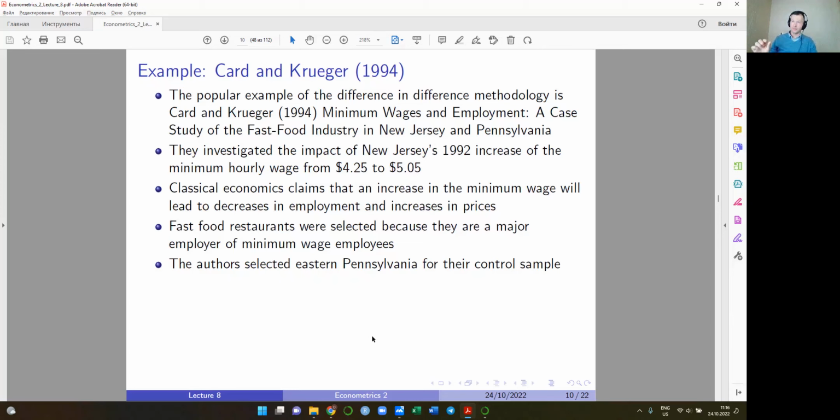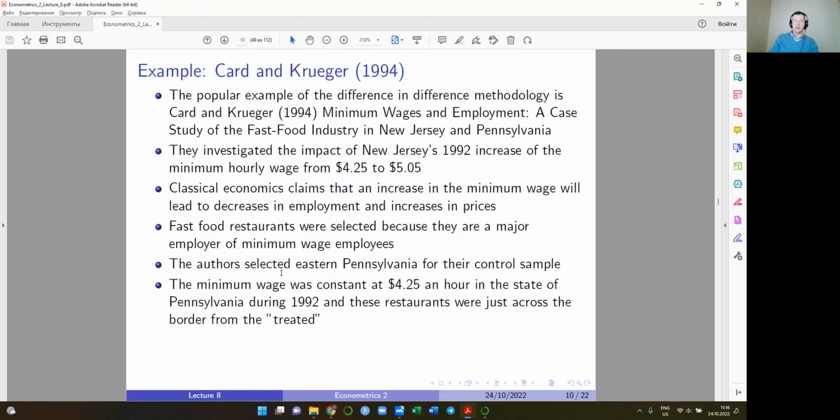Why do they do so? Because if you live near the border between two states, then probably all the other characteristics, like socioeconomic characteristics, the characteristics of people, might be more or less similar, and you don't need to bother with potential endogeneity of this treatment.